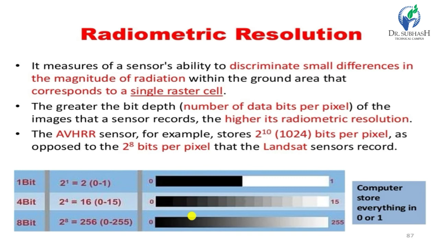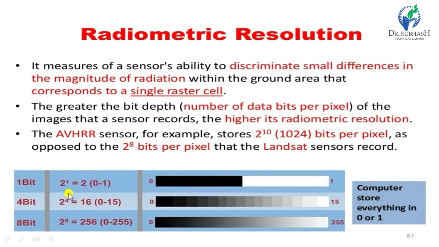The AVHRR sensor stores 2 raised to 10 bits per pixel, meaning 1024 levels per pixel, as opposed to 2 raised to 8 bits per pixel, which is what the Landsat sensor records. Landsat satellite records 2 raised to 8 bits per pixel.